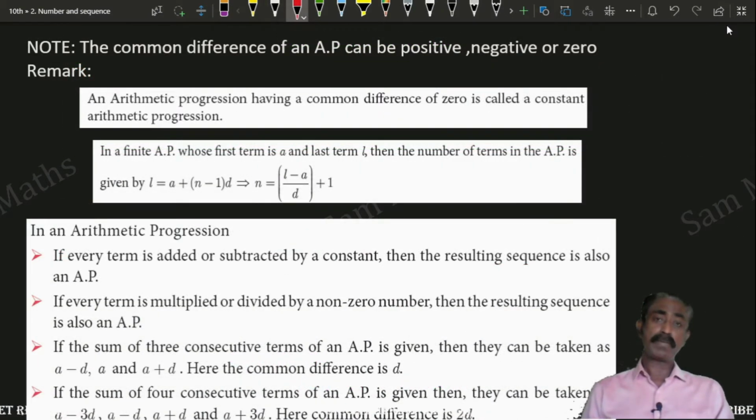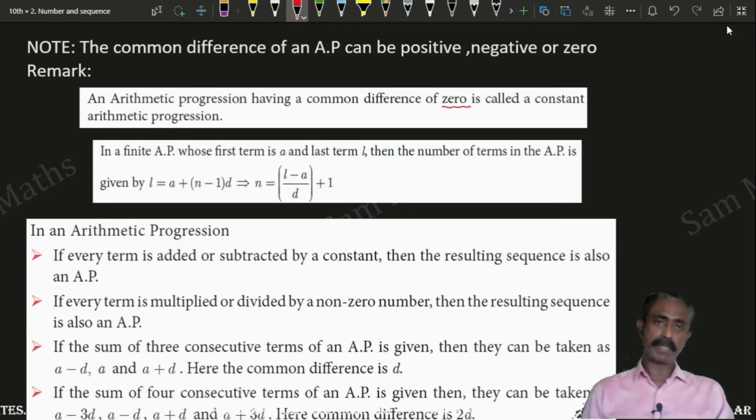Note, the common difference of an arithmetic progression can be positive, negative or 0, which can be a real number. Remark, an arithmetic progression having common difference of 0, that is D is 0, is called a constant arithmetic progression.